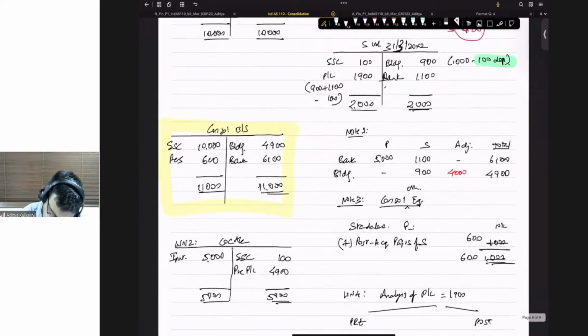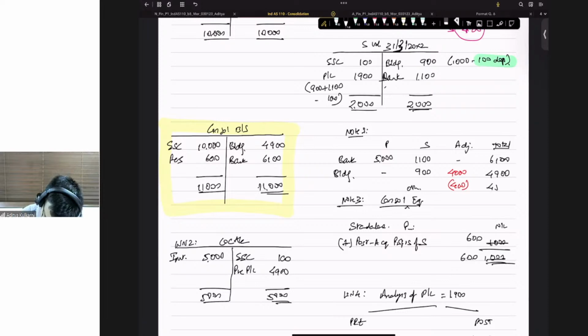And what about building? Well, the value of building will also reduce. Sorry, this is bank, isn't it? Why am I recording it here? 600. And then building will be 4000 minus 400.